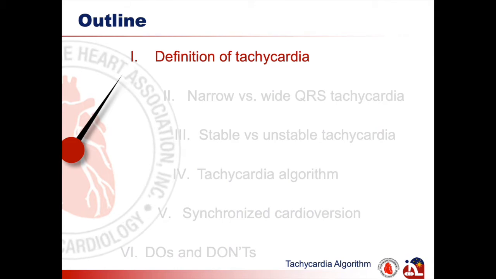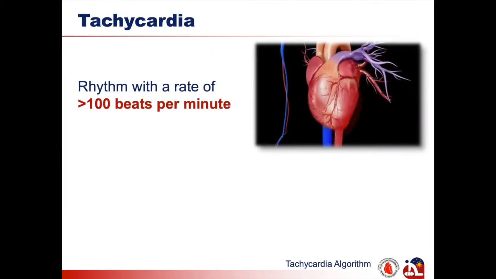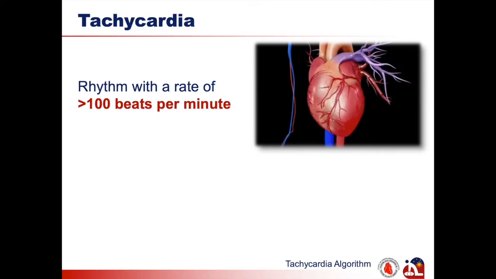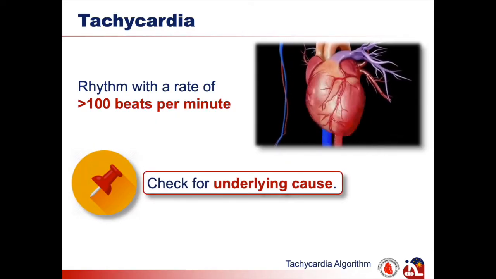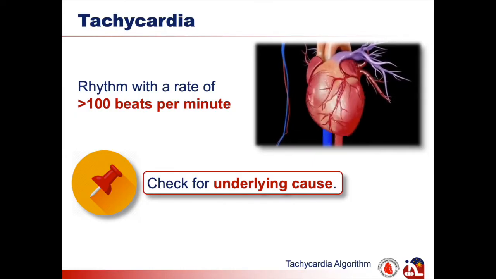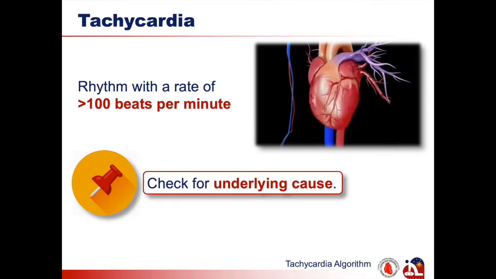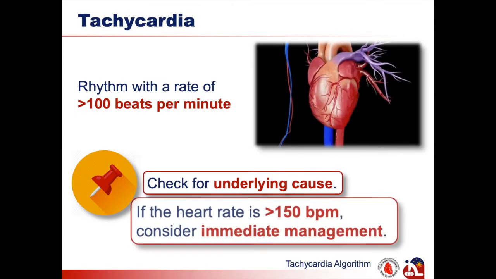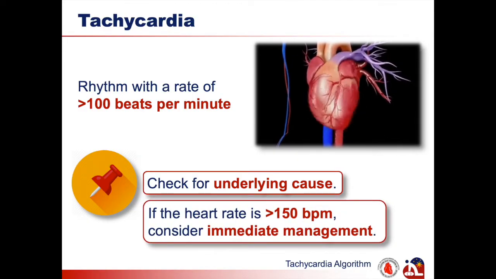Before we begin, let me define tachycardia for you. Tachycardia is defined as a rhythm with a heart rate greater than 100 beats per minute. In general, we should think of possible clinical conditions and be able to check for the underlying causes. Clinically significant tachyarrhythmias are related to heart rate 150 beats per minute or higher.